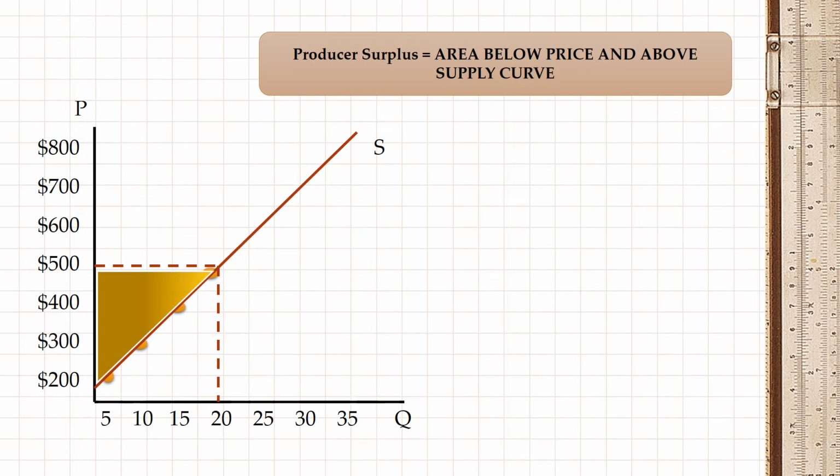For example, a seller who wants to sell the commodity at $600 or $700 or even $800, you notice they are already out of the market because the price is too high. They won't be able to make any sales. So any seller whose opportunity cost is below the market price will be able to earn a surplus. And the supplier whose cost is equal to the market price would be able to generate sales but won't gain any producer surplus.